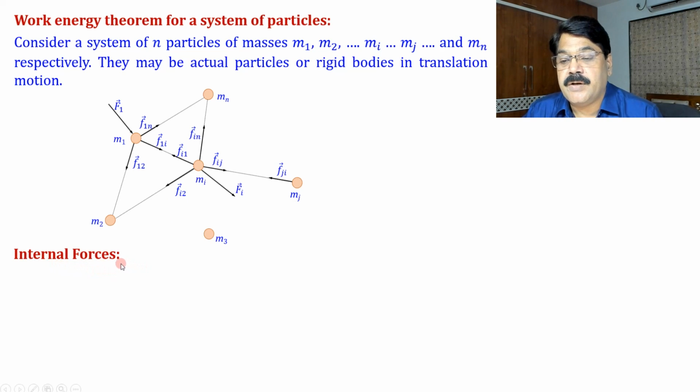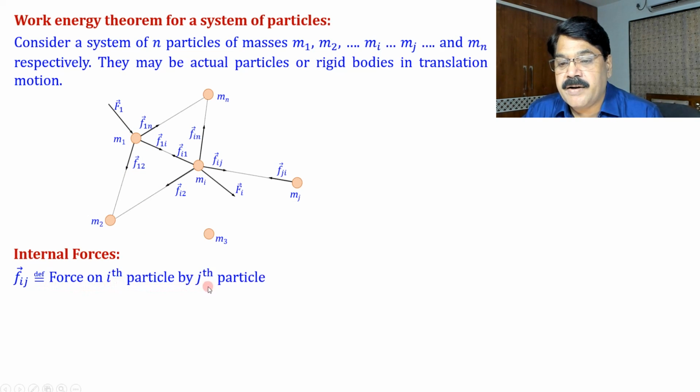Internal forces, of course, internal means for the system. So these small letter forces are all internal forces. Fij, how is it defined? Force on the ith particle by the jth particle. So in the subscript, the first subscript denotes on which particle the internal force is acting, and the second subscript denotes which particle is applying that internal force.